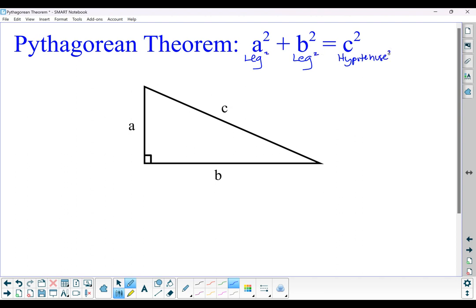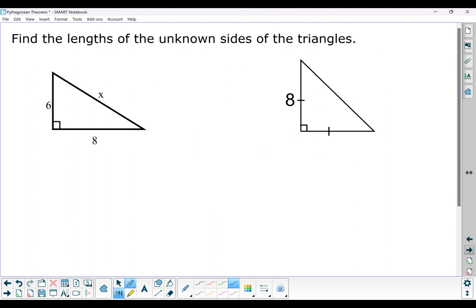The two that are added together are always the legs, and the one that is by itself is always the hypotenuse. You've used this theorem before, so hopefully you remember it at least a little bit.